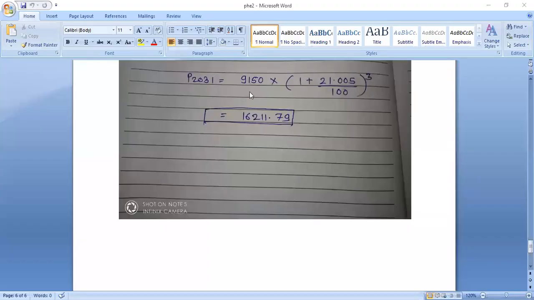The population for 2001 is 9150 into in bracket 1 plus the value of R, 21.005 divided by 100, raised to n, that is the number of decades is 3, that is the design period is 3, and the value of the population in 2031 is 16,211.79.